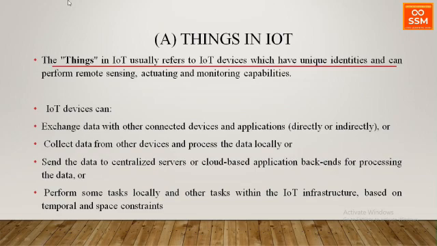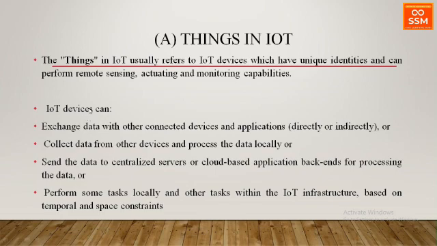Let me give a basic definition of a thing. A thing refers to an IoT device. Each thing, as I already said, is given a unique ID, and a thing can sense the environment. It can be actuated, for example motoring or relay action, and it can continuously monitor the surroundings.